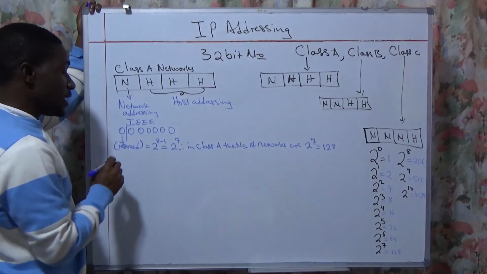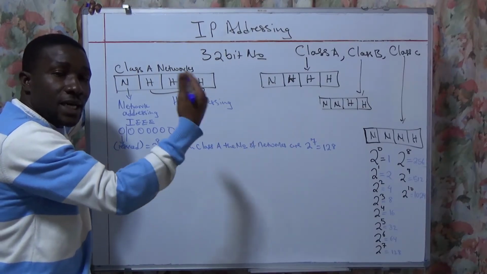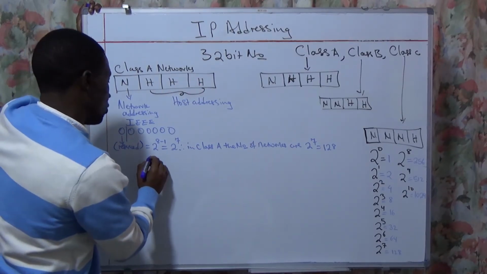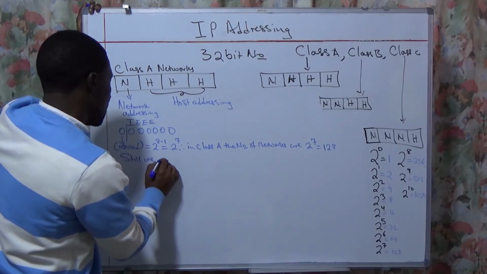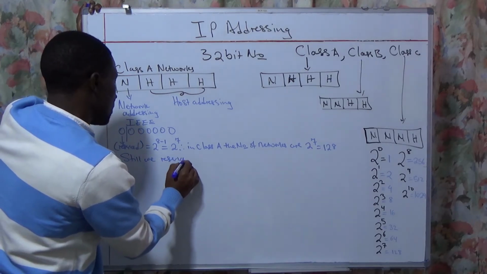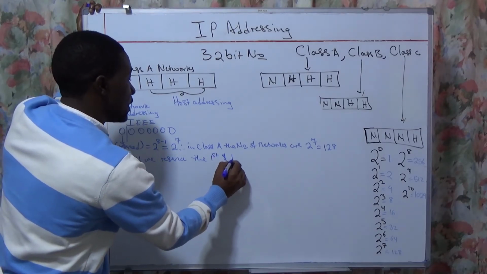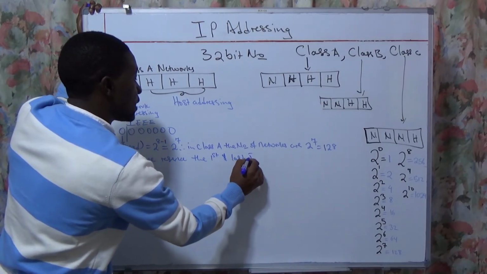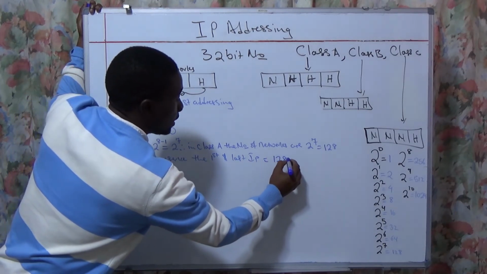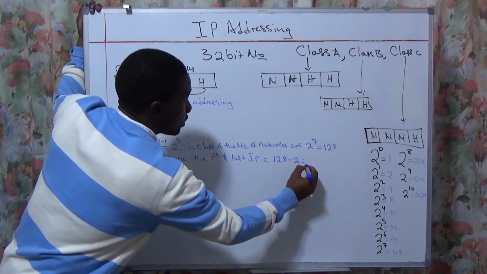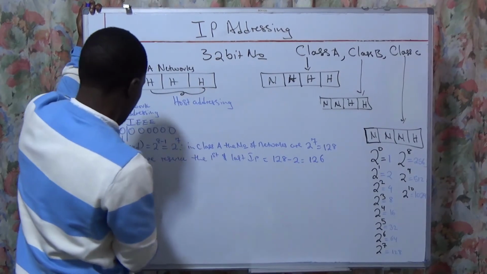But still, it is a rule to reserve the first and last IP. So we reserve the first and last IP, which is equal to 128 minus 2, which is equal to 126.